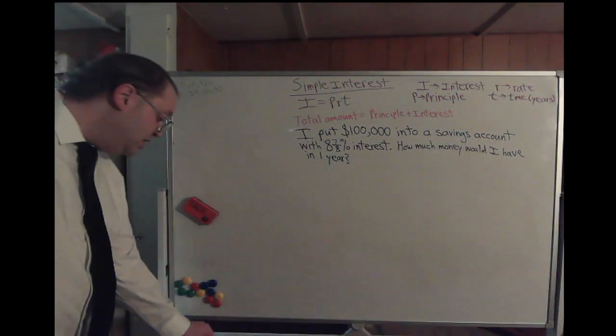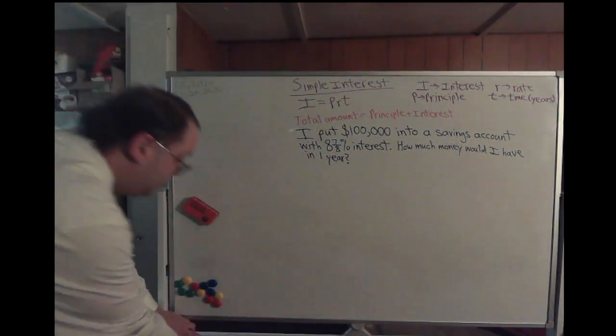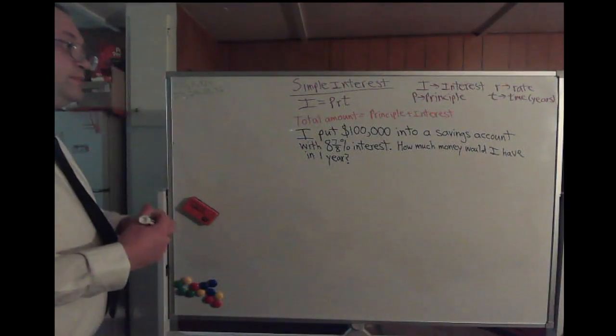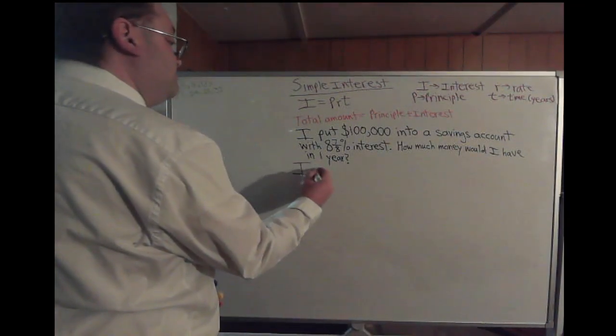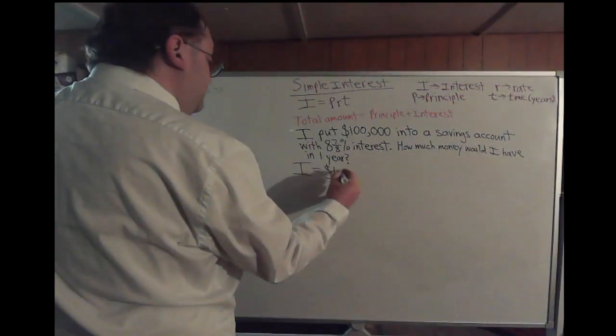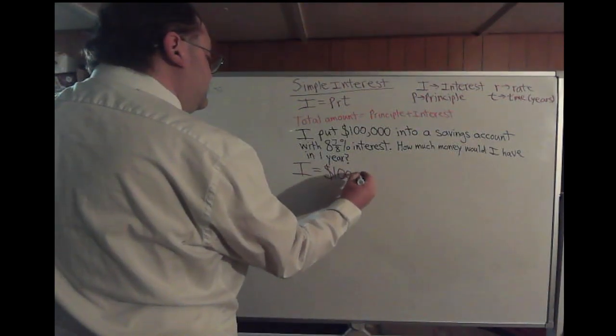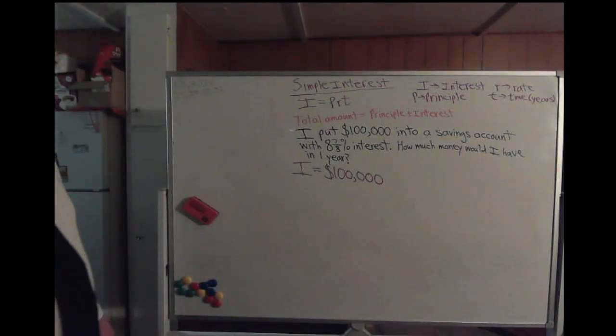So again, we want to find out what that interest is. That interest is going to be the principal, which would be $100,000. I'd have nowhere near $100,000, let me tell you. If you have that much, please be sure to give me a call.